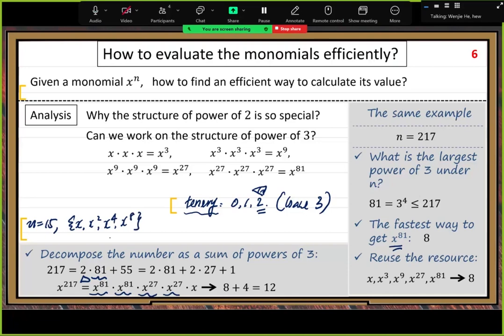So we need 3 multiplications in the preparation round. After that, how to get x to the 15th? x times x squared times x to the 4th times x to the 8th. So 3 more. 3 plus 3 equals 6. That's repeated squaring.